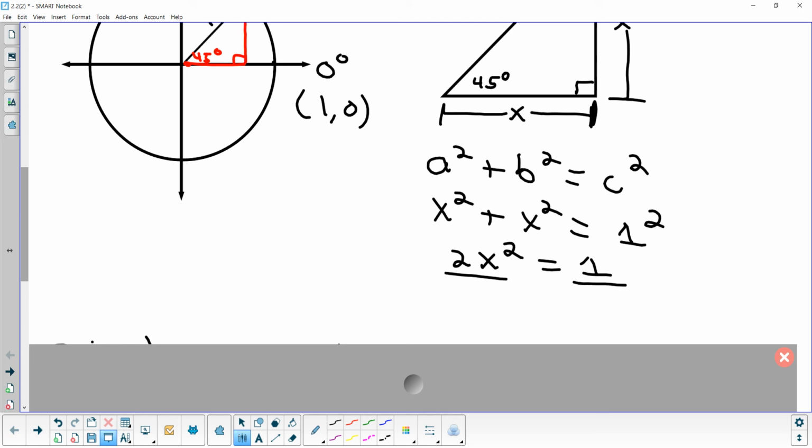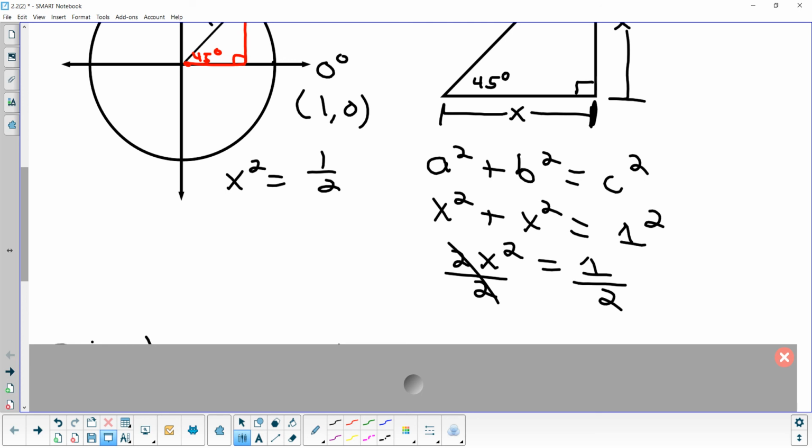If you had 3x, you'd divide by 3. You always divide by the number that's in front of the variable. So same idea here: divide each side by 2. We get x squared equals 1/2.